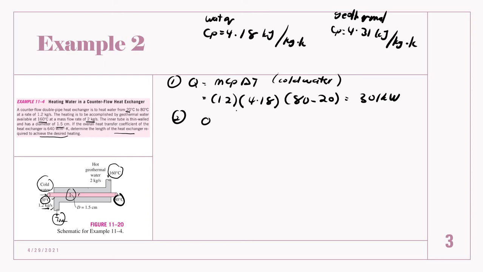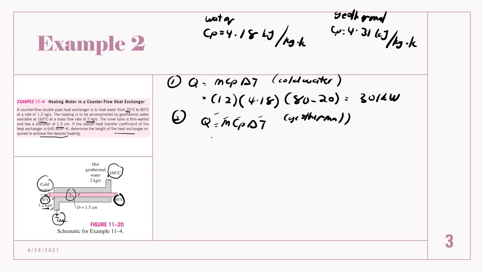So this one is for geothermal, using the heat energy balance equation, m Cp delta T. So now we have Q, m, Cp. We don't have the delta T. We just have the T inlet. So we need to find the T outlet.